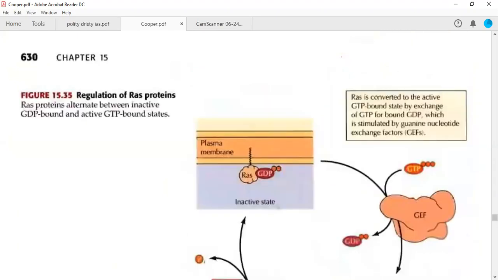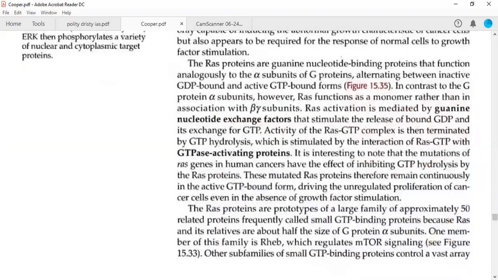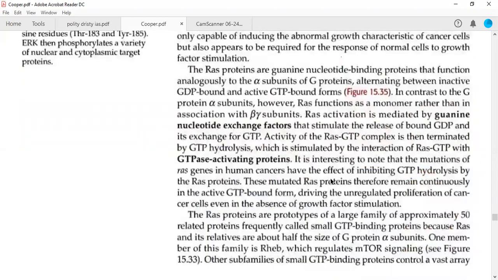Fine. Now we are moving to another discussion. So now the question was, after function, what is the structure of this particular RAS protein? From our discussion it is clear that this RAS protein is going to bind GTP. So this is a guanine nucleotide binding protein.